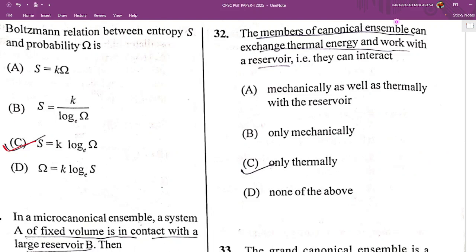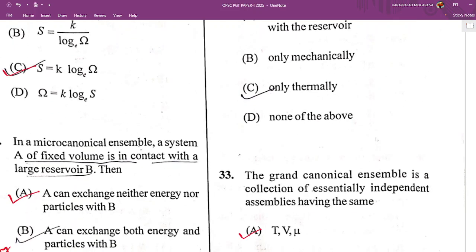So I guess for me, 32 A will be the correct answer. I don't know the exact answer, but my instinct says that A will be the answer, and we can check once the answer key is out. So for now, option number A is the correct answer from my side.